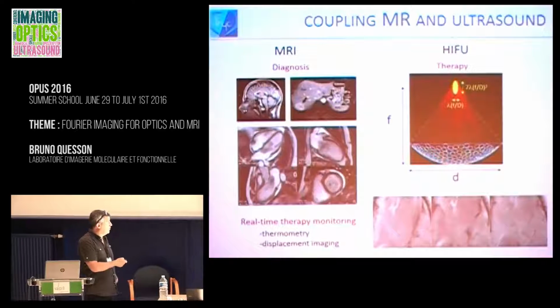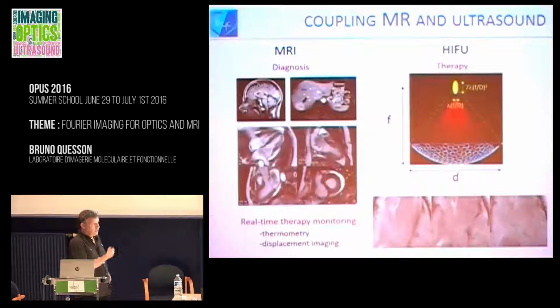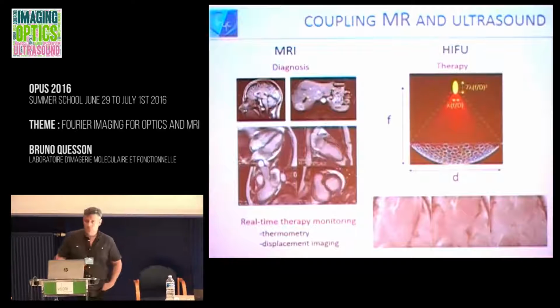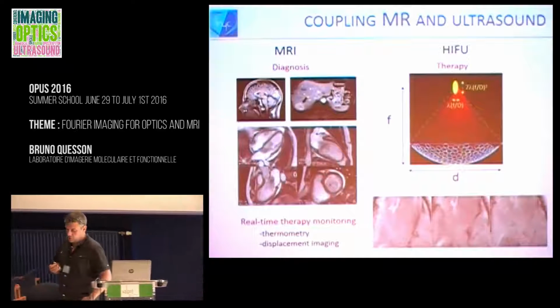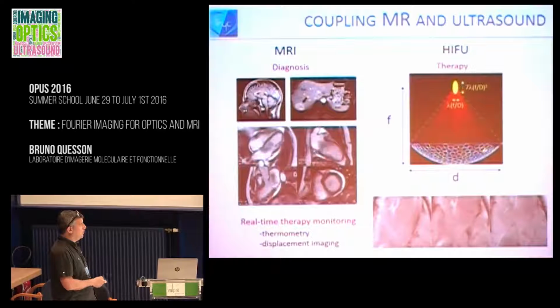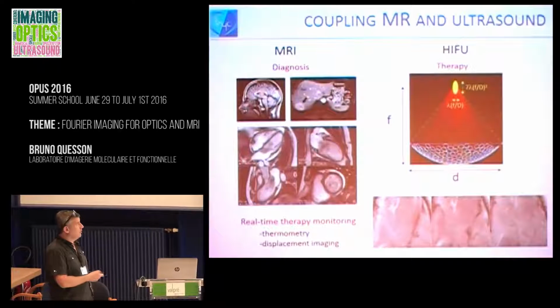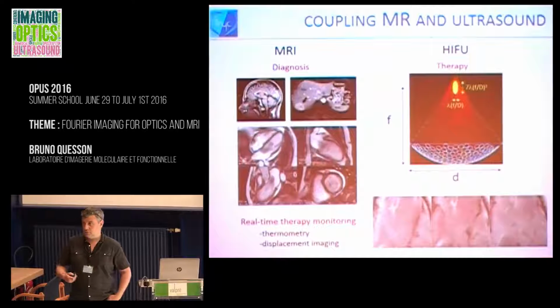Each of them can send quite a lot of power, and the idea is, of course, to focus the energy at the focal point, and then to use this to make a modification of the tissue. Of course, since we have a network of transducers, by changing the phase between all the elements, you can steer the focal point in any direction.